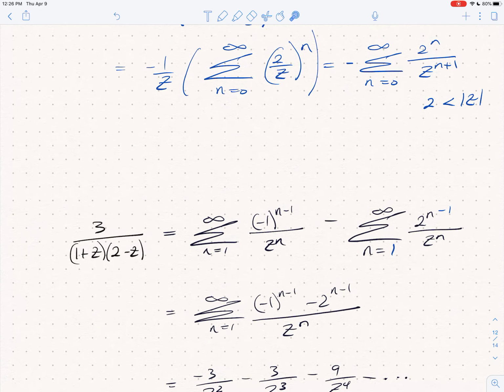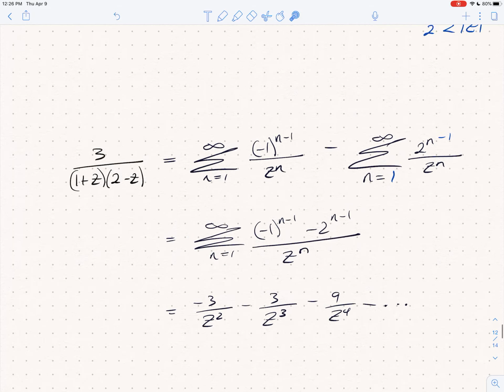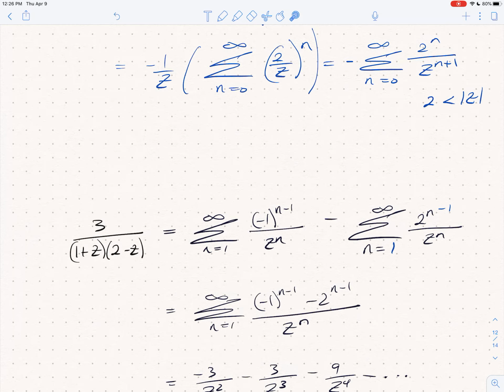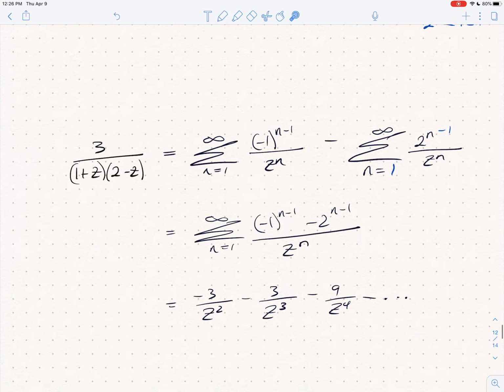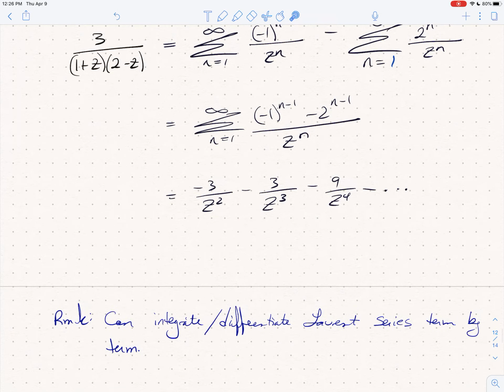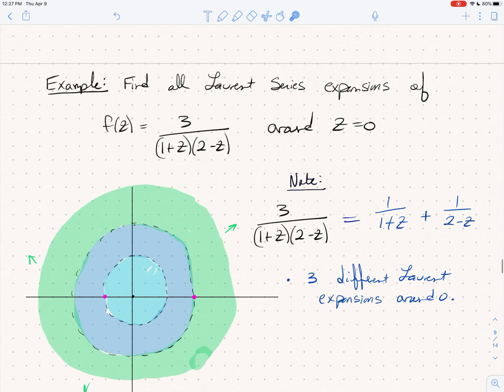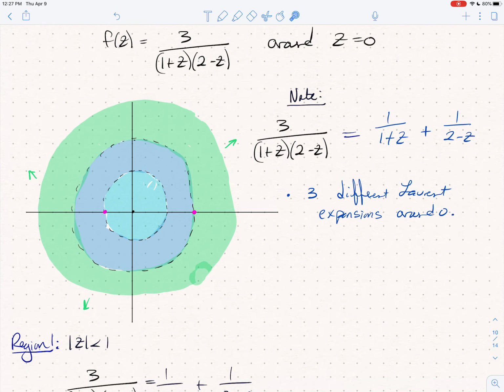And you can actually combine them because they're both negative powers of z, so it'd be nice to combine them. If one was negative and one positive, you don't combine those, but these are the same. They're all negative powers of z, and so you can actually write down the Laurent expansion. Wowee. So for each region, there's a different Laurent expansion, and we need to be able to find all of those.